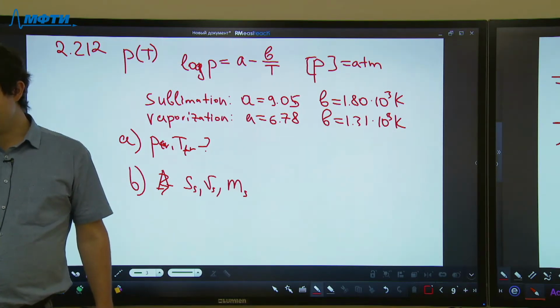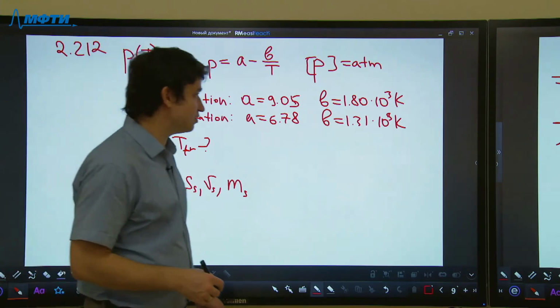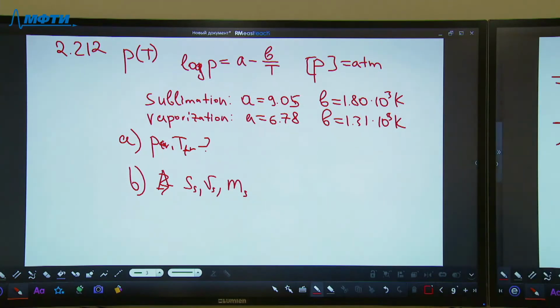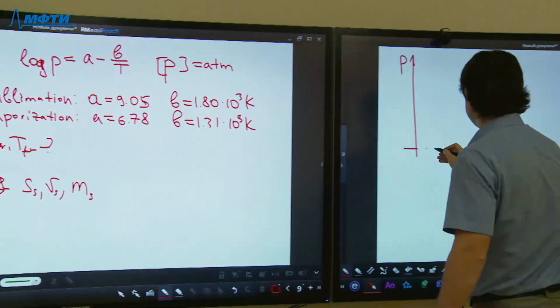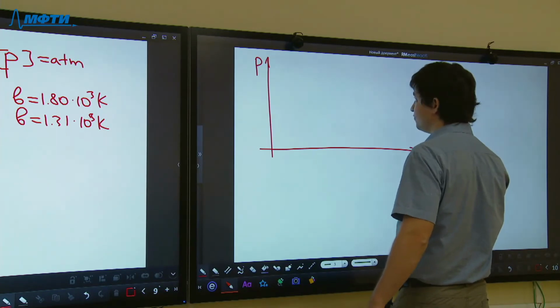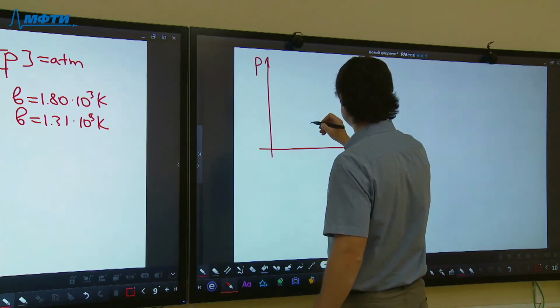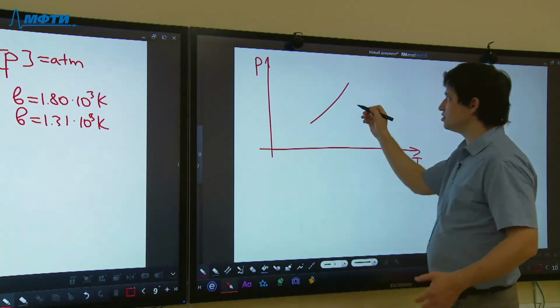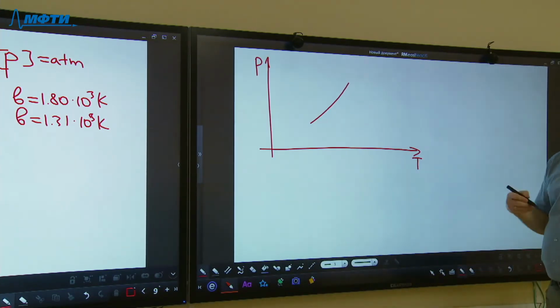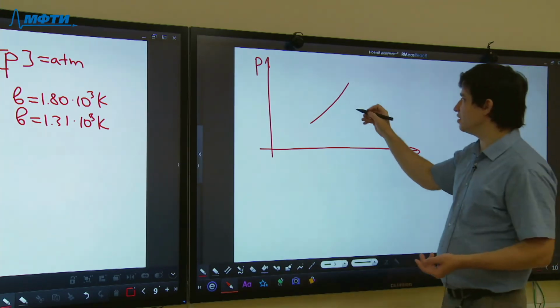Okay, let's try to look at what actually happens in this problem. The triple point refers to some point on the PT diagram for the phase transition processes. We know that there is a curve which separates the liquid phase and gas phase.